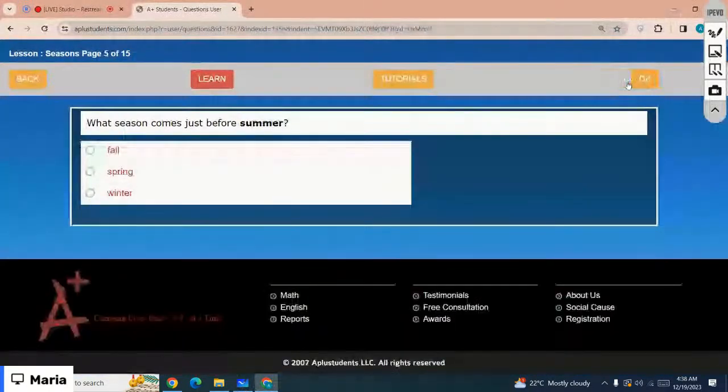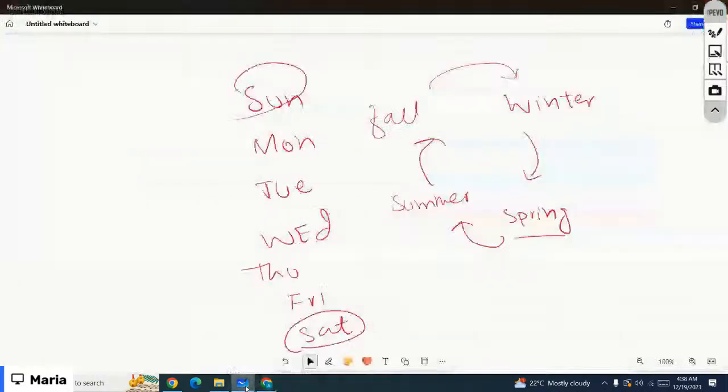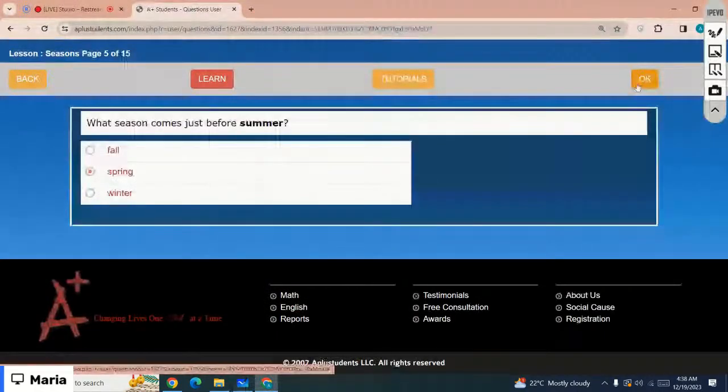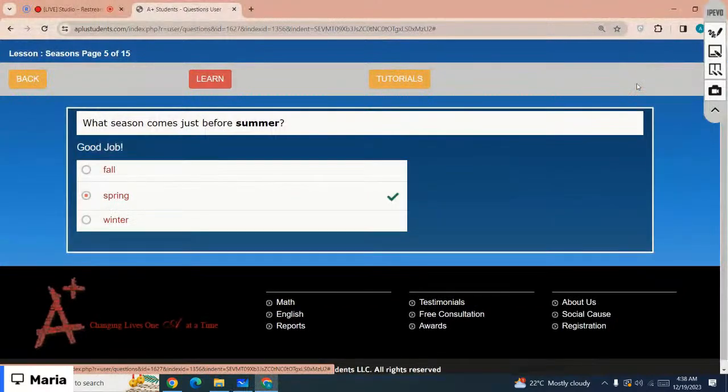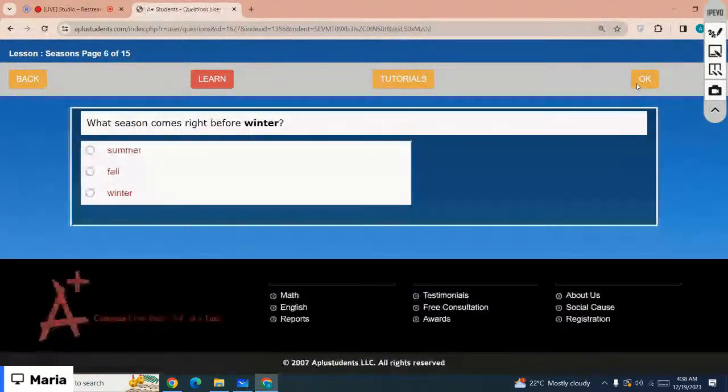What season comes just before summer? Just before summer, it is spring. The correct option is spring, right? What season comes right before winter?